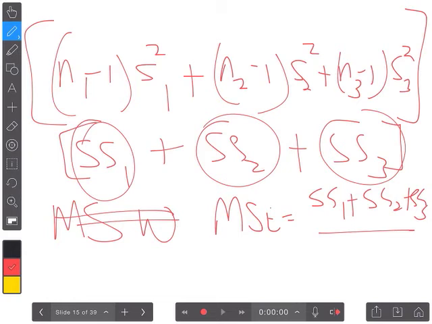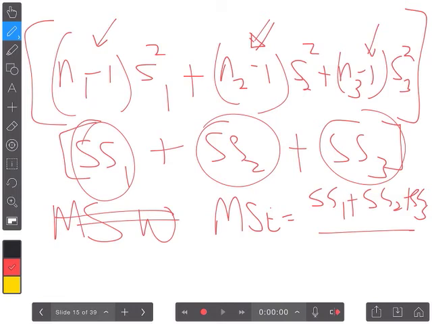But then we have to remember that a mean square, which is a variance, is the sum of squares divided by the degrees of freedom. Each sample has degrees of freedom nj minus 1. So n1 minus 1, n2 minus 1, and n3 minus 1. So these would be the 3 different degrees of freedom.